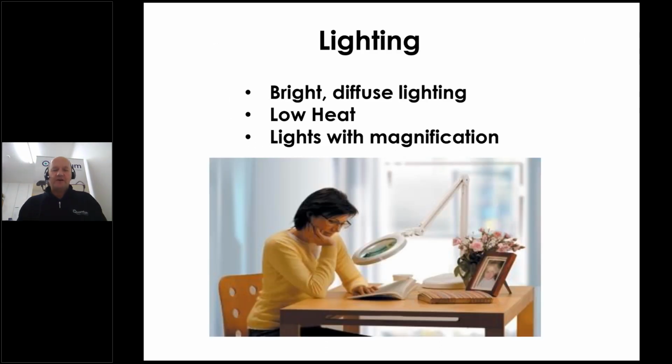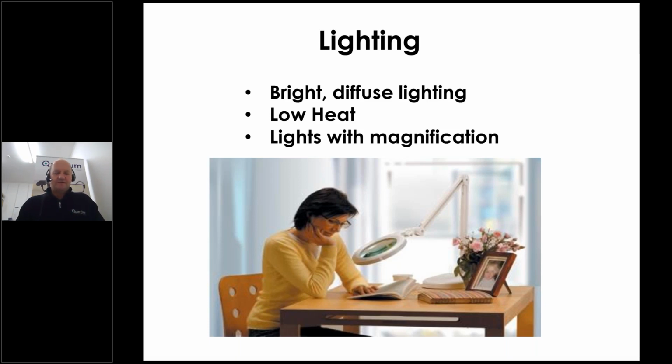So the first one is lighting, and lighting is very often overlooked. Any of those eye conditions that we talked about before, the more lighting that people have, the better chance they have of being able to see things. It doesn't have to be very expensive, really bright lighting. It just has to be as close to natural lighting as possible.